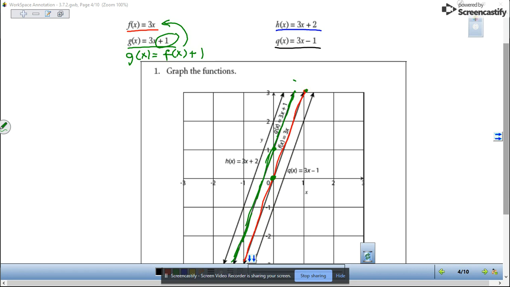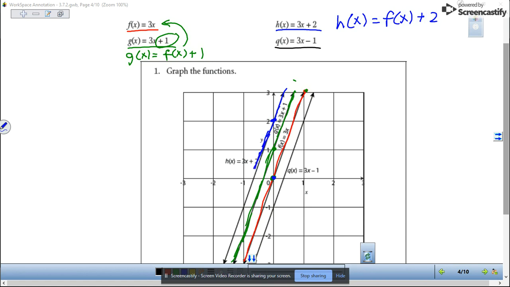The same thing is going to be applied for this one, h of x. H of x is f of x plus 2. Or we could also say that it's simply g of x plus 1, depending on what you're using as your starting equation. So that gets shifted up 2 units from where we started. So 0, 0 is now here.